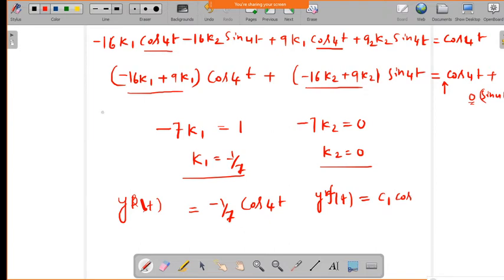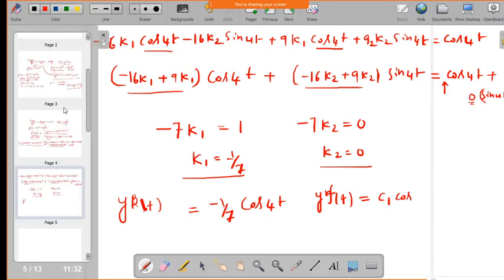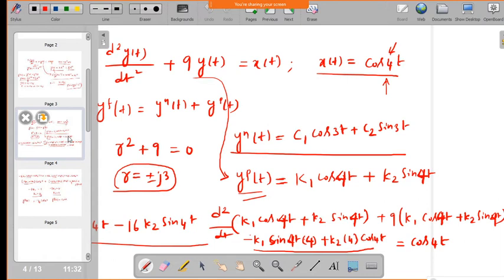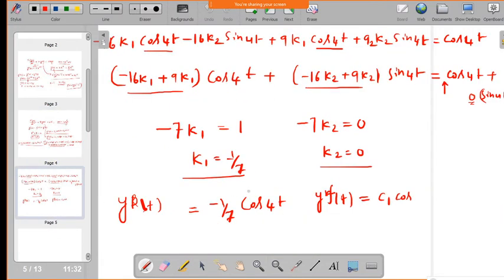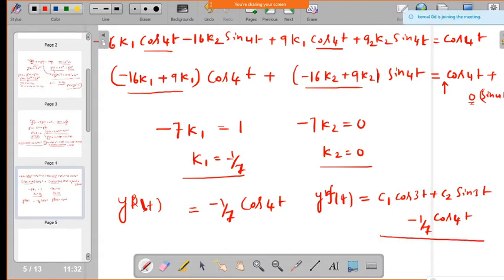So, what is the solution which we got, the natural response? C1 cos 3t plus C2 sin 3t. Okay. So, C1 cos 3t plus C2 sin 3t. So, now what is the particular solution, which is nothing but minus 1 by 7 cos 4t. Okay. So, this is the forced response equation.